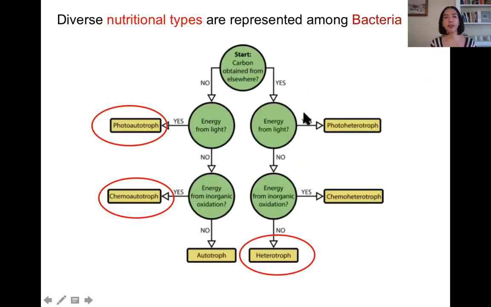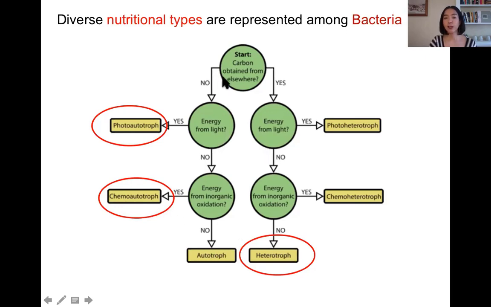We're also going to have different nutritional types in bacteria. Some of them can be photoautotrophs, others can be chemoautotrophs or heterotrophs. And just remember, the type of nutrition refers to where the carbon, or the molecule they are using to store the energy, is coming from. If they make it, these are autotrophs. They can be photoautotrophs or chemoautotrophs, or just called autotrophs.